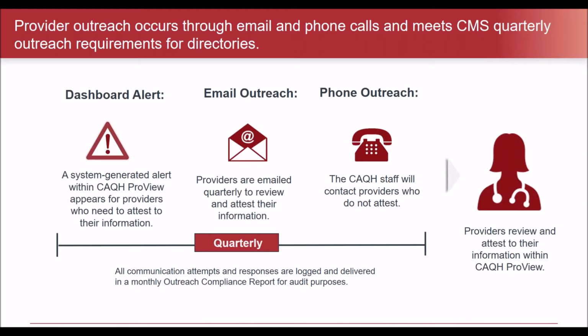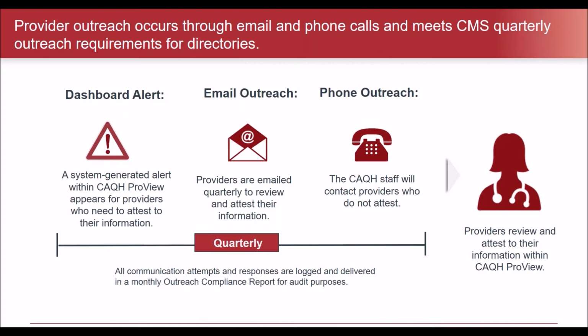In terms of outreach, there's a number of different ways, and in many ways providers are a lot like consumers. However, one thing that we really base most of our outreach on for DirectAssure is through email. And fortunately, we have created a really strong communication path with our normal ProView outreach that we do via email to providers. They're very used to receiving them. They're used to the reattestation process.